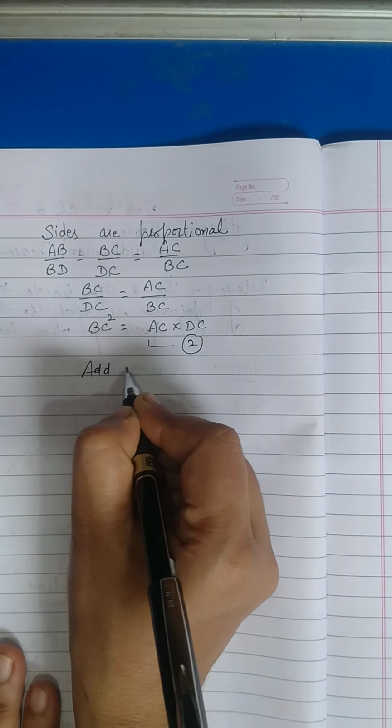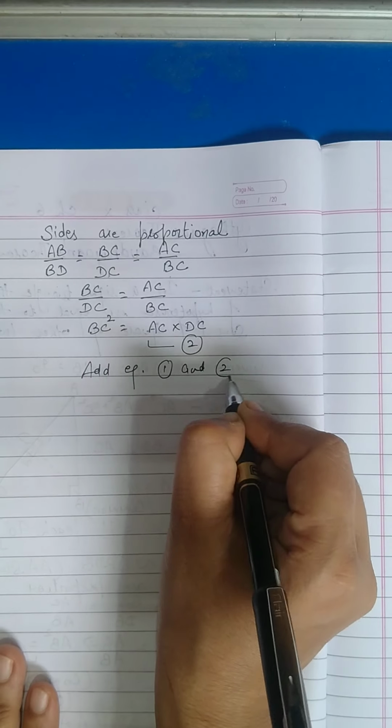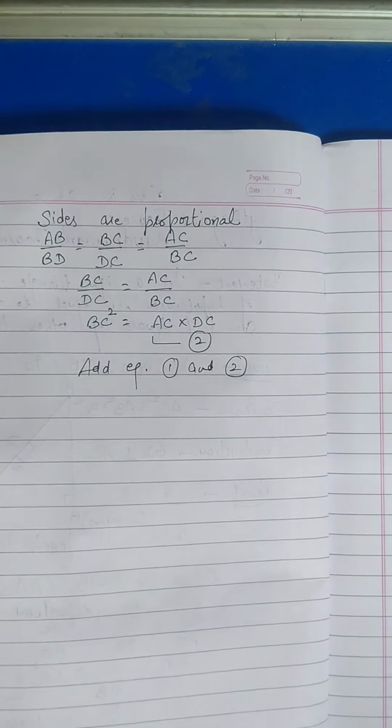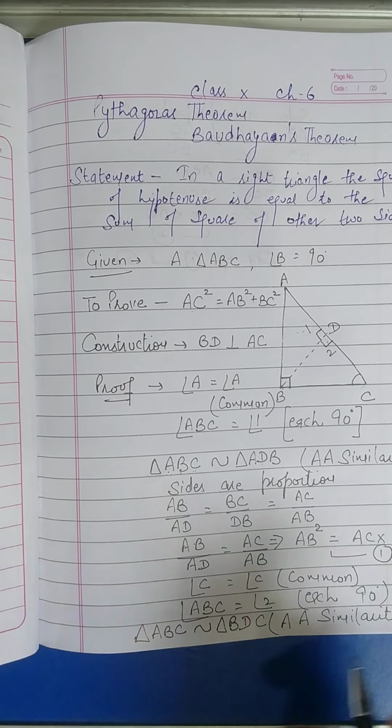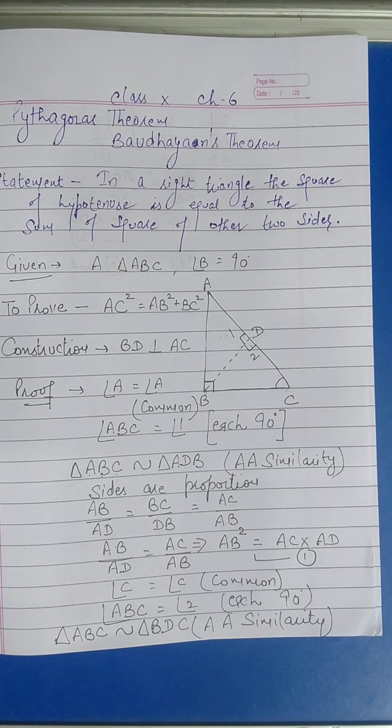Add equation number 1 and 2. In our first equation, let us check what we got. In first equation, we got AB square is equal to AC multiply AD.